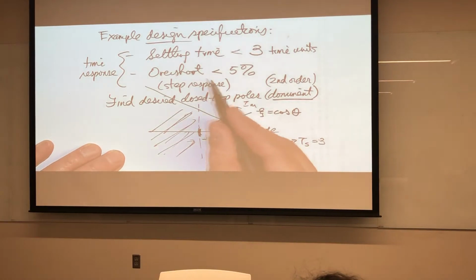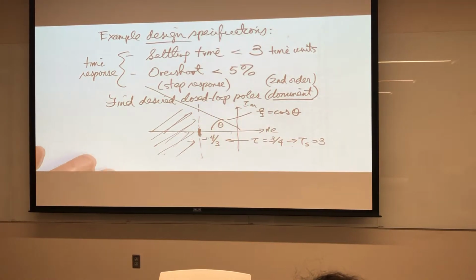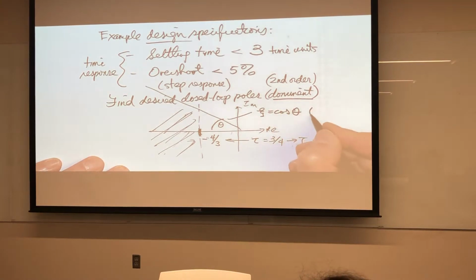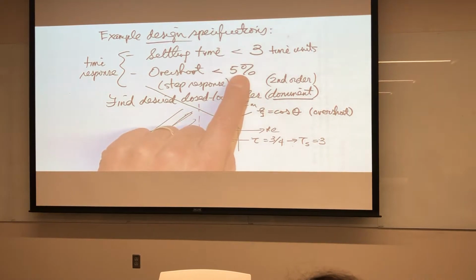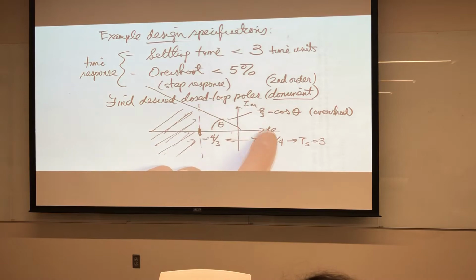And we know that the overshoot is related to the damping factor. So I could take the overshoot formula, set it to 5%, and then back calculate and figure out what the damping ratio ought to be. And then once I know the damping ratio, I can take the inverse cosine and figure out what the angle theta is.